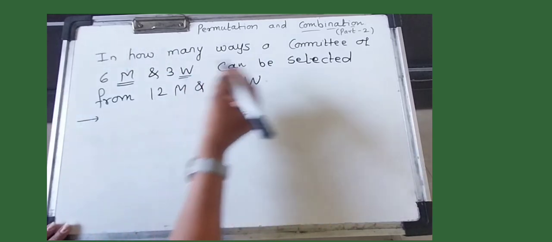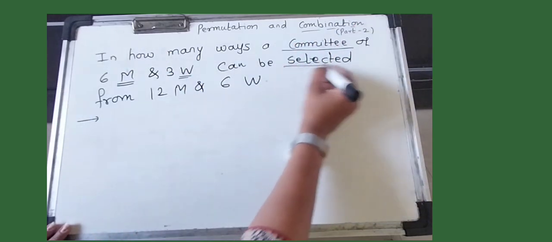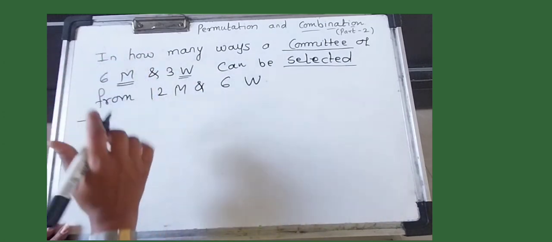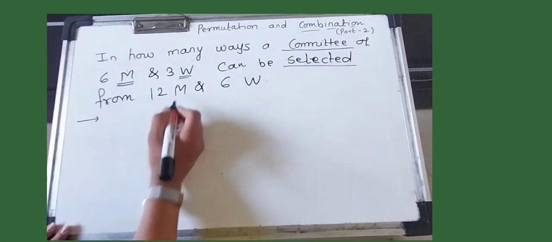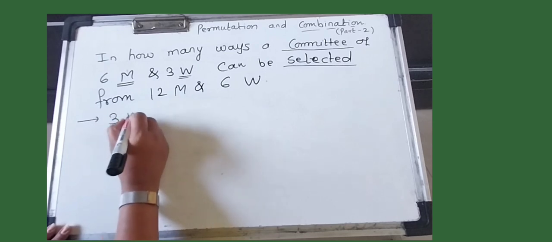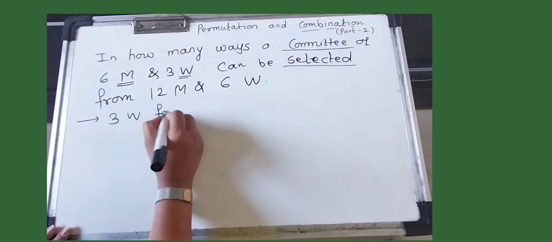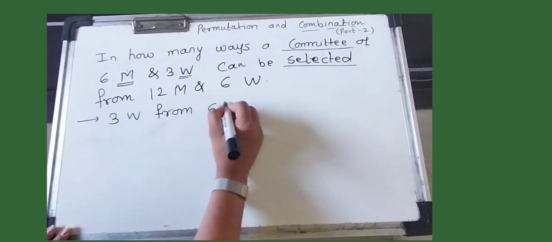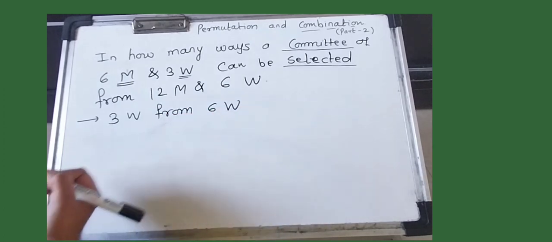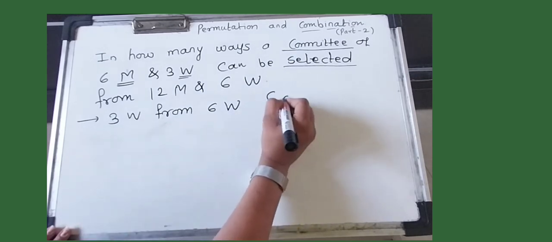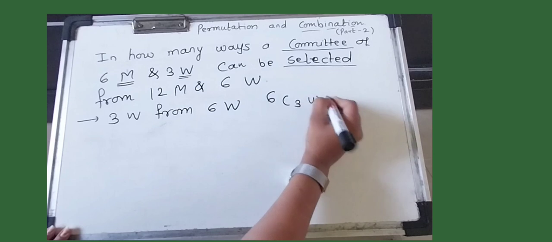Selection is there, committee word is there, selected word is there, so we use combination here. From the 12 men, and 3 women from 6 women. How can we select? It is very simple: 6C3 ways.